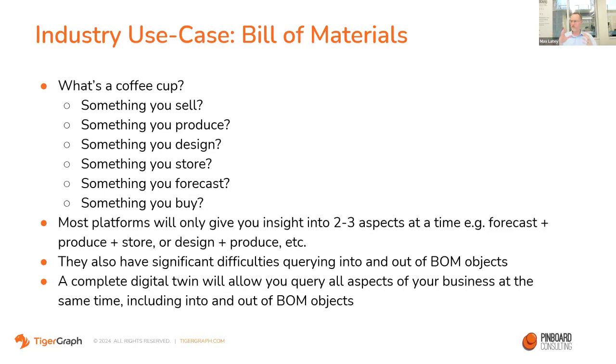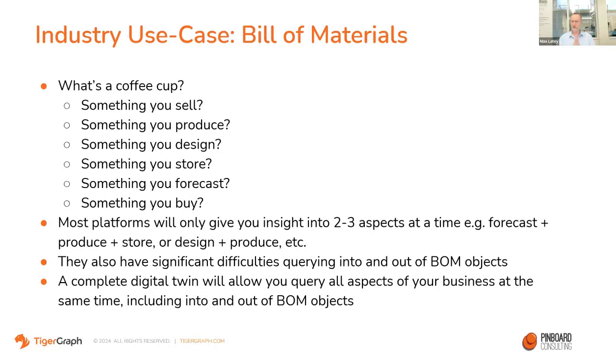All of these different views of a coffee cup behave slightly differently. If it's something you sell, you miss a huge part of the picture, but you've got a lot of detail about what you sell. If it's something you produce, you've got a huge amount of detail about what it is, but you miss part of the picture. And certainly what we're seeing in our clients and the people who come to us is they may have a platform which could give them some insight into 2 to 3 aspects.